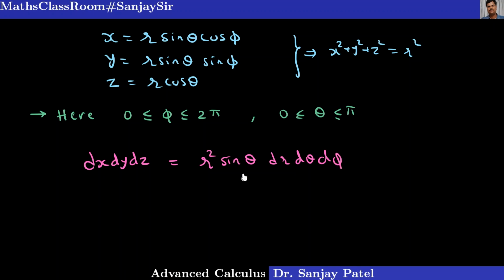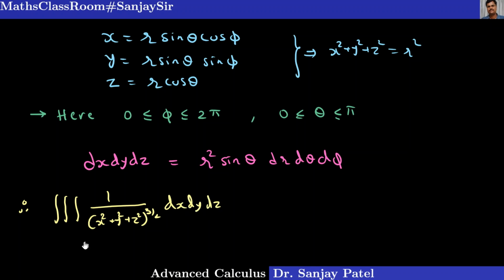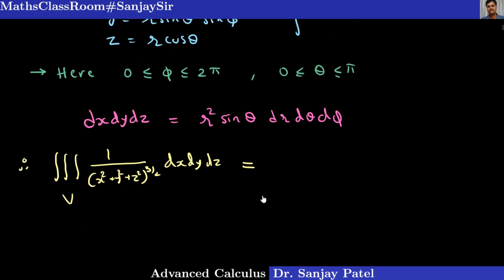Okay, so therefore the given integral, that is the integral of the function 1 upon (x square plus y square plus z square) raised to 3 by 2, dx, dy, dz over the volume V, we can express as, let us see how all this changes.